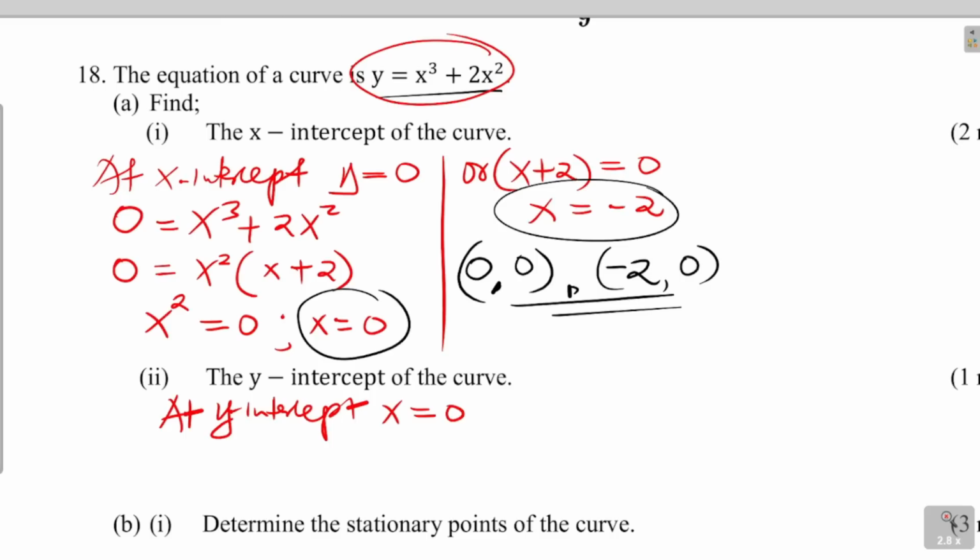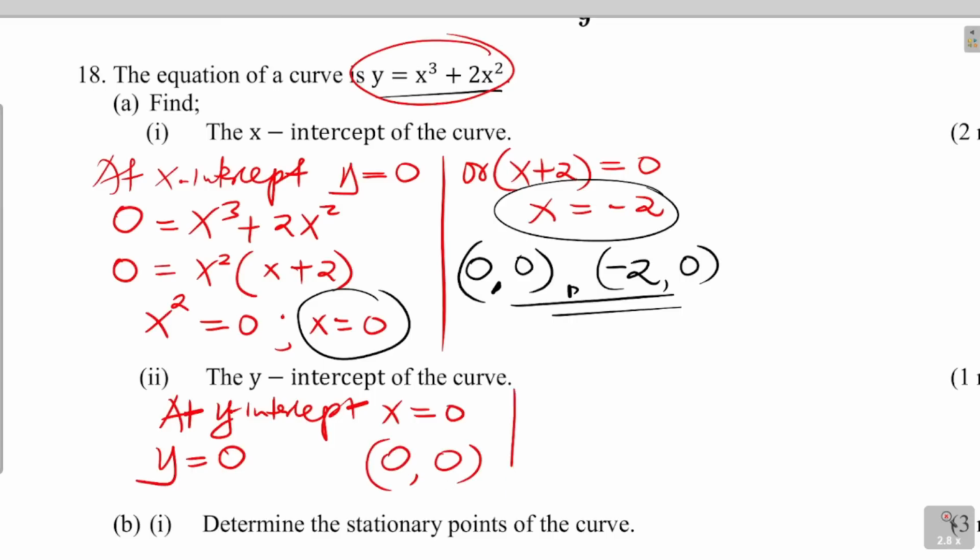That is the point at which the curve cuts the y-axis. When you substitute, you get y equals 0. So the y-intercept is when x equals 0, y equals 0.